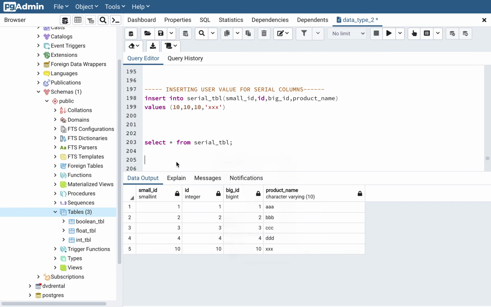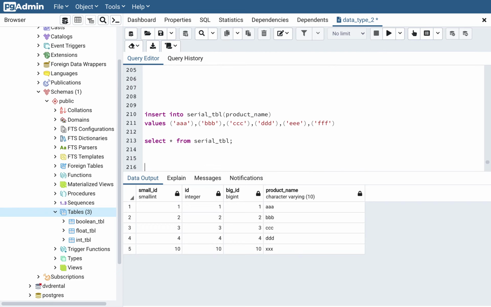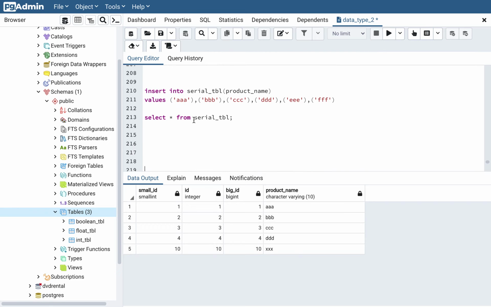Now the question is, what happens if I again insert a few rows? So here you see I have inserted 1 2 3 4, right? And again I'm inserting 6 rows. So if I insert 6 rows now, definitely the value which should be inserted in this column should be 5, 6, 7, 8, 9, 10, right?